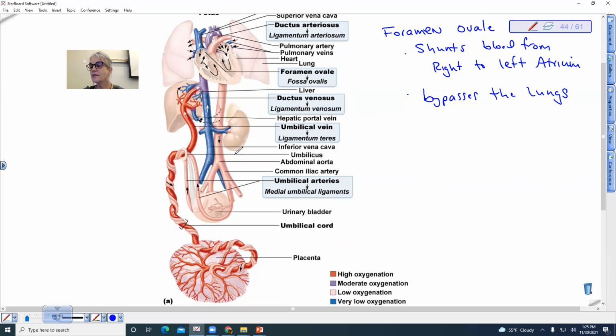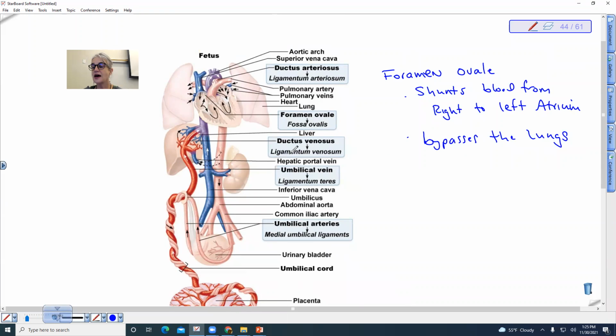So we also have some other structures that help to shunt blood towards or away from the lungs. And when the baby is born, these are actually going to become ligaments. So this is a ligament that's going to close off that connection up here or down here by the liver.